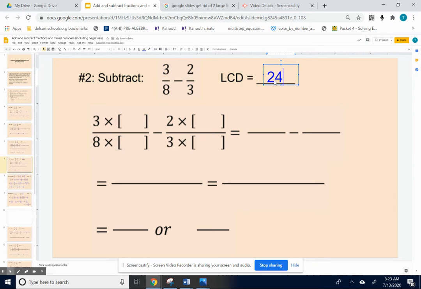Try to get the fractions in the original problem to the new denominator of 24 using multiplication.